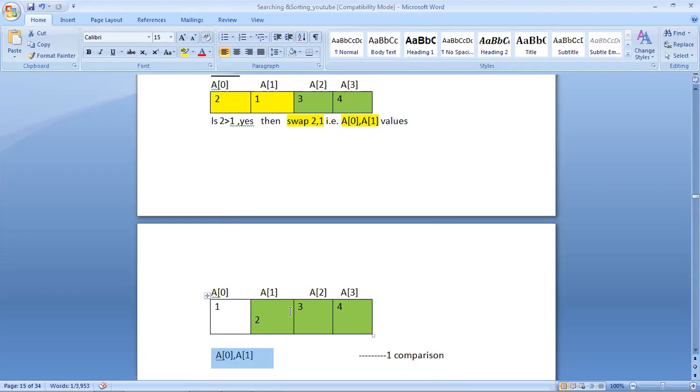If out of 4 values we arrange 3 values in sorted order, we need not think about the first value, which will automatically be in sorted order. That is the bubble sort mechanism. In an efficient way, we can sort the elements in ascending order.